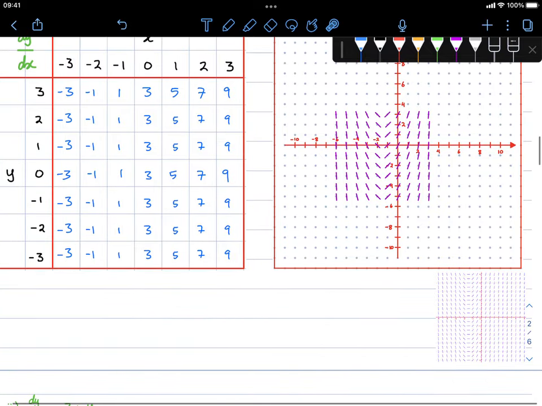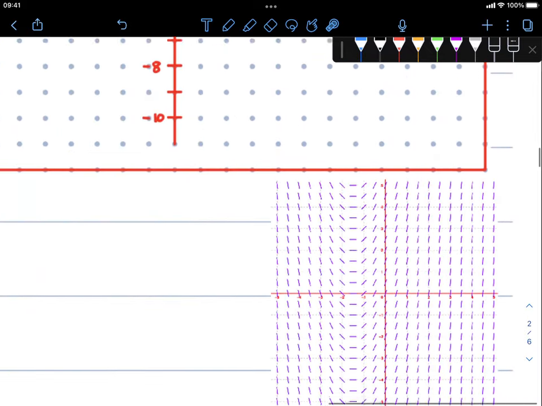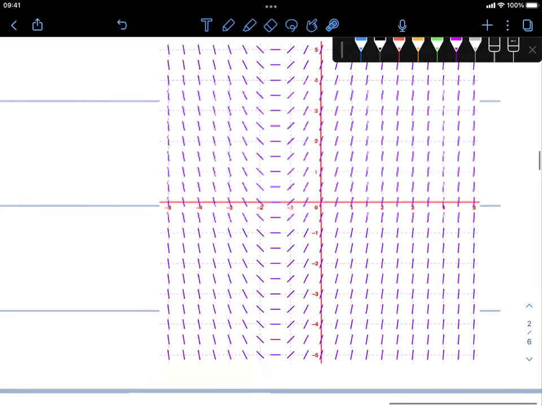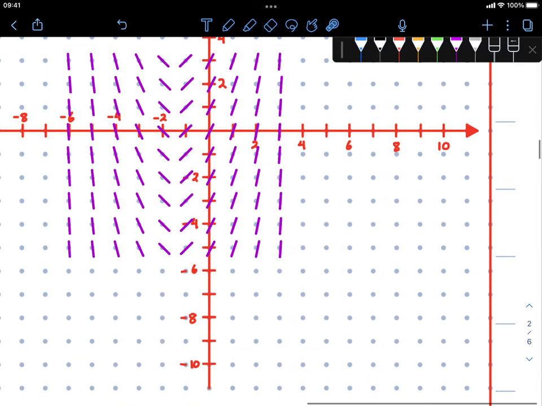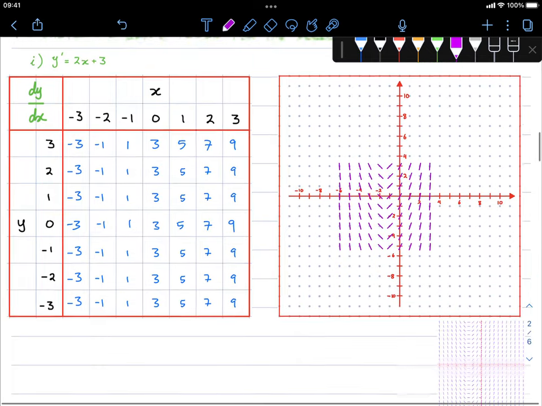If you take a look, this one is drawn for every half interval. Notice how we have x equals -1.5, and x equals 1.5. There's definitely a turning point around there, which it doesn't quite show, but we know that at x equals -1.5 there should be a stationary point at that x value.